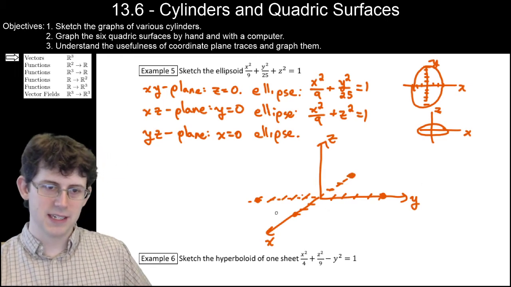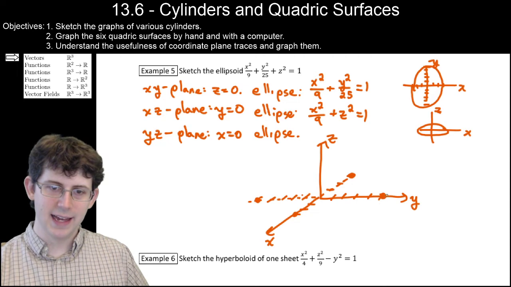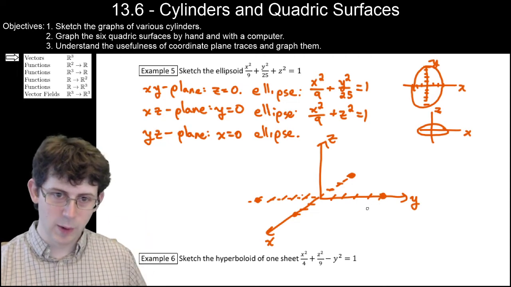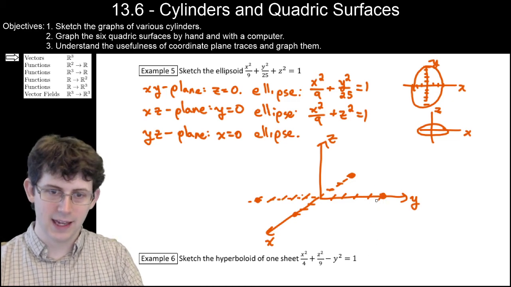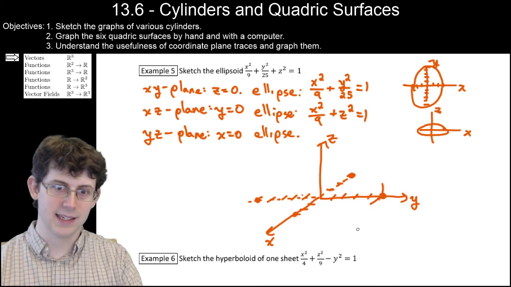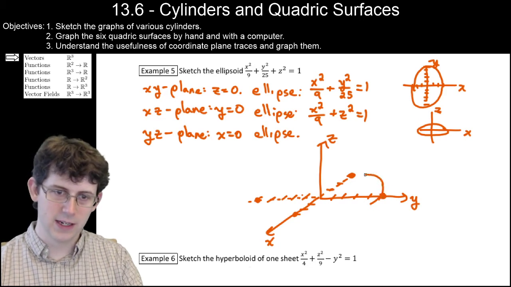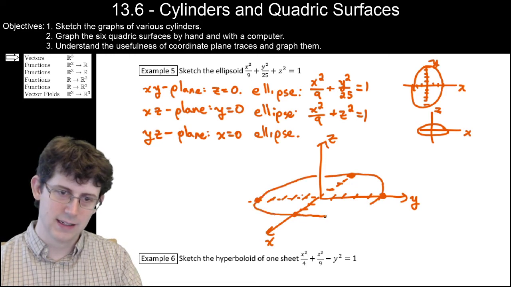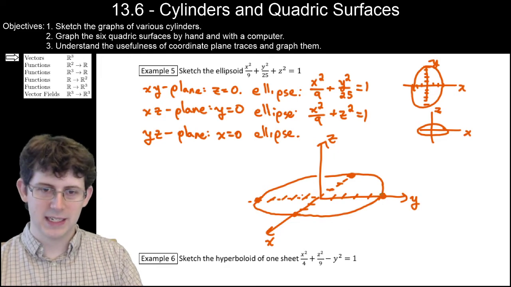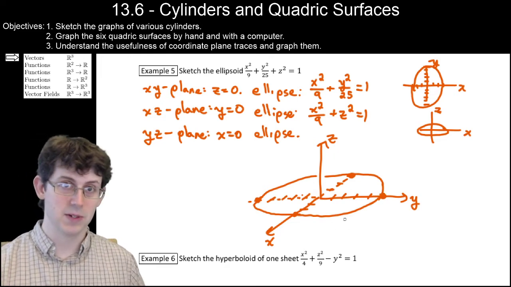Remember, when I draw this ellipse to connect the dots, at the edges where it's flat, I want to be parallel to the x-axis. So it's not going to look like this at the edges. At the edges, it's going this way, the way that the x-axis is going. And that's how you can get your 3D pictures to look vaguely correct. It's still mostly a mess, but basically parallel things stay parallel in perspective.